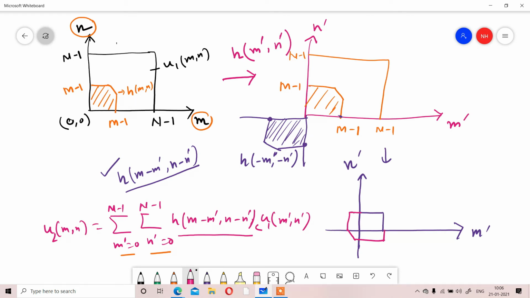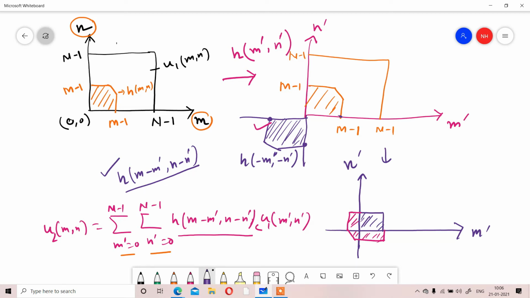Suppose you may get a structure something different also. I am just trying to make you understand. So if we map that h(minus m', minus n') to the point 0, 0, you will get a structure like that. Okay.